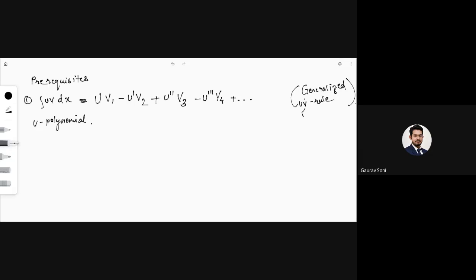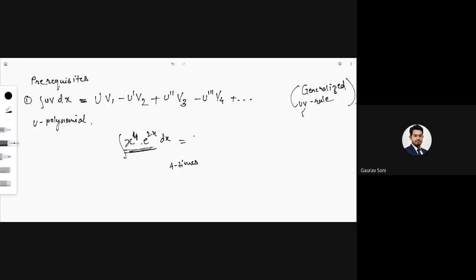So why do we call it the generalized UV rule? u is a polynomial, which means it is of the form, say, x raised to 4. Integration of x raised to 4 into e to the power 2x dx. If I want to solve this, you will have to apply the UV rule over here, and that too 4 times. What this formula will do is give you the answer in just one step.